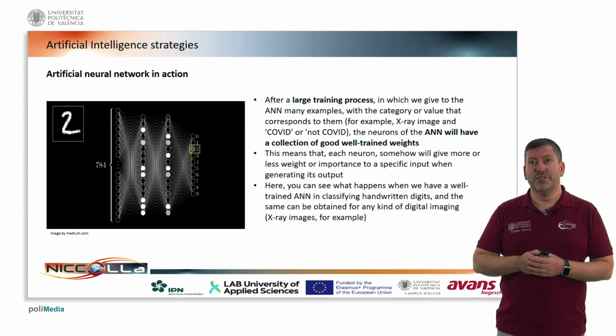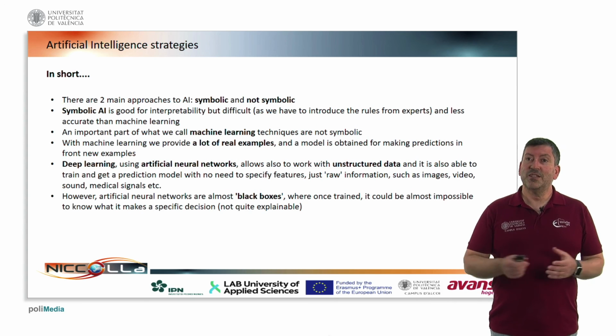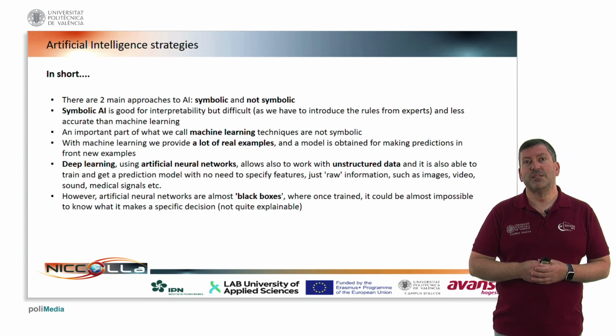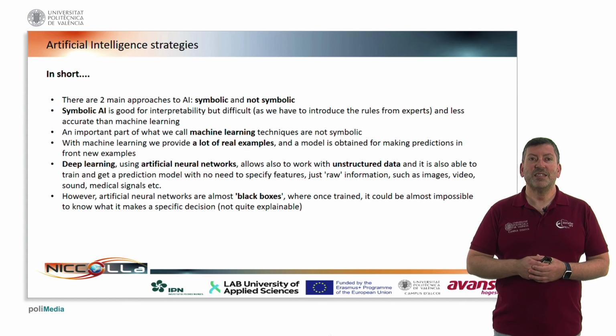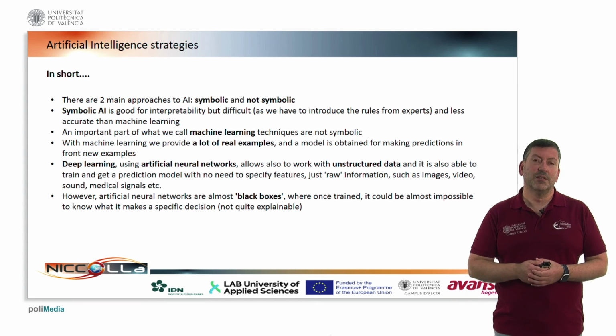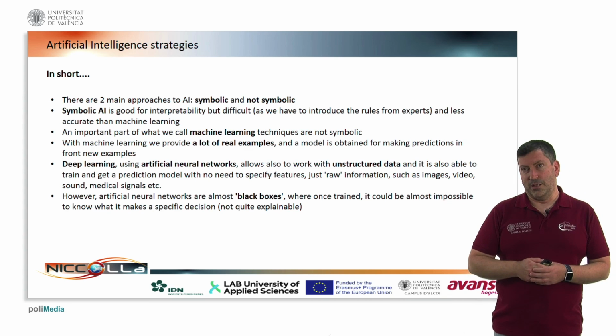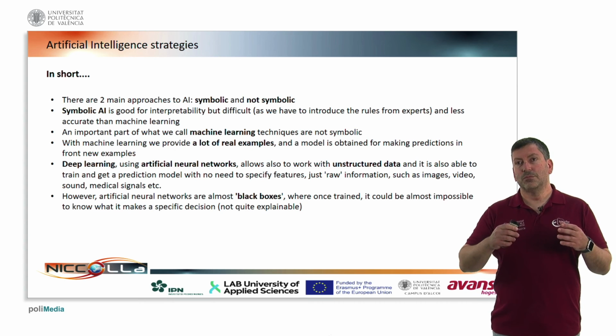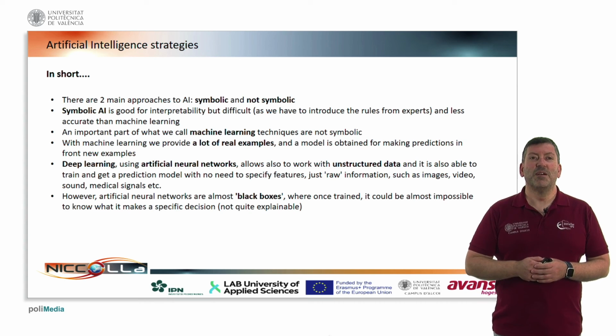So in short, and in order to finish, there are two main approaches to artificial intelligence, the symbolic and non-symbolic. Symbolic AI is good for interpretability, but difficult, as we have to introduce the rules from experts, and less accurate than machine learning. An important part of what we call machine learning techniques are not symbolic. With machine learning, we provide a lot of real examples, and a model is obtained for making predictions in front of new examples.